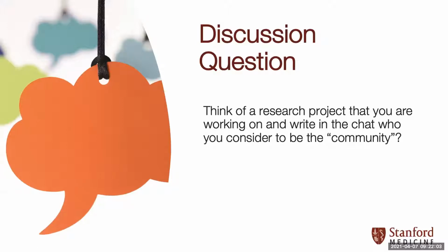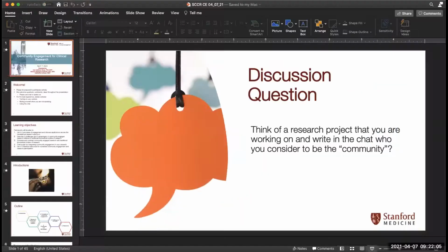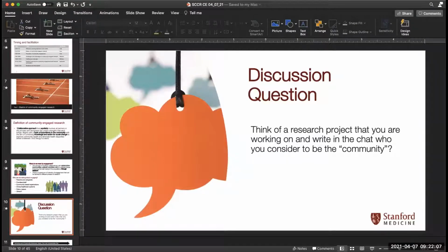And Patricia, if you can stop sharing, I'm hoping we can see everybody once we unshare the screen. So maybe in the chat you could write a simple sentence about the research project and then write who the community would be.